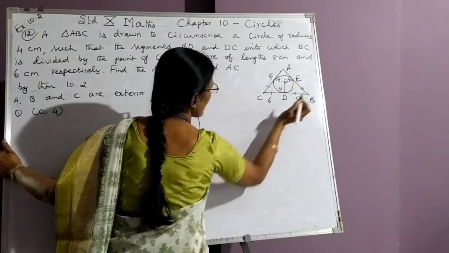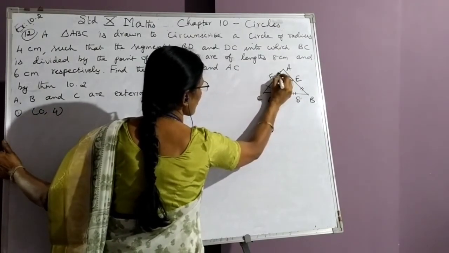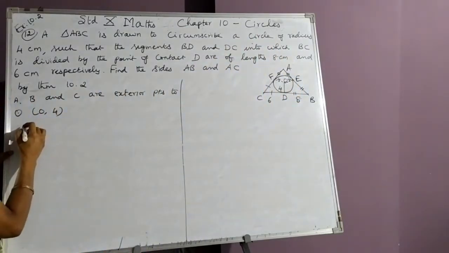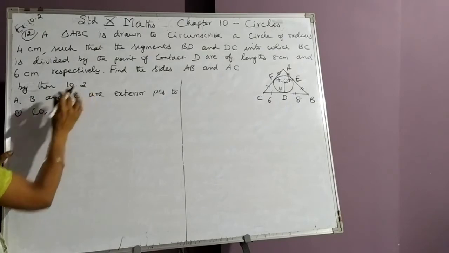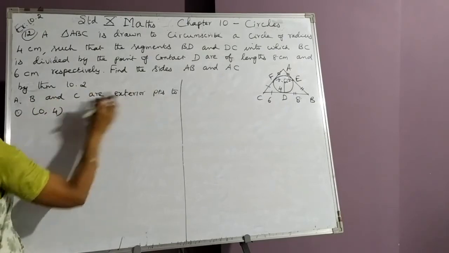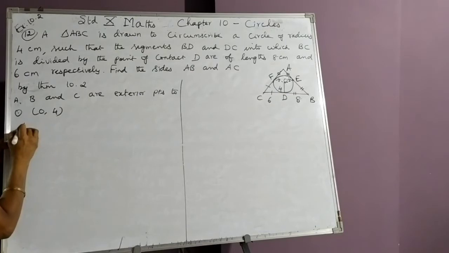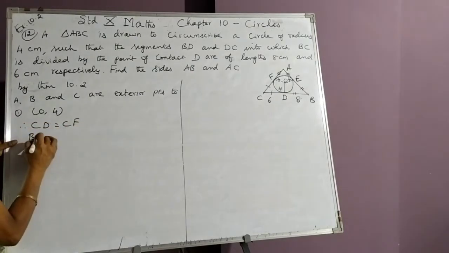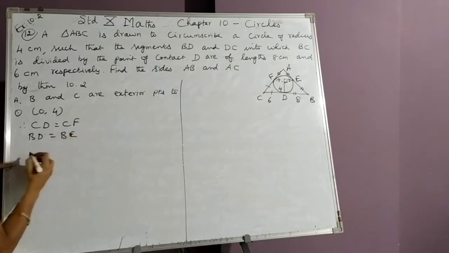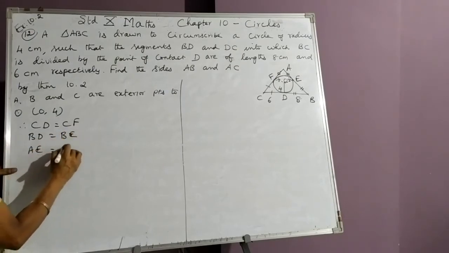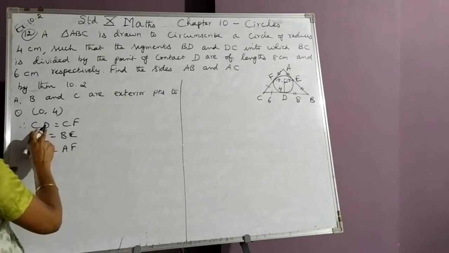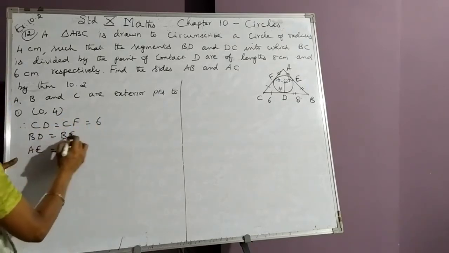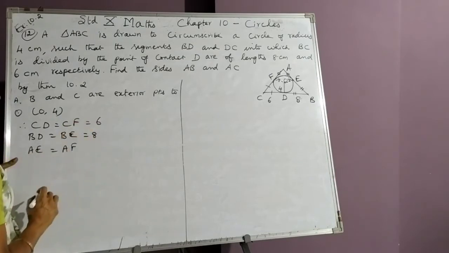BD and BE are equal. AF and AE are equal. Therefore, CD equal to CF, BD is equal to BE and AE is equal to AF. CD is given as 6, therefore CF is also 6. BD is 8, therefore BE is also 8.